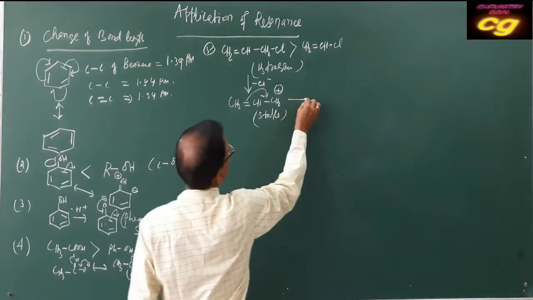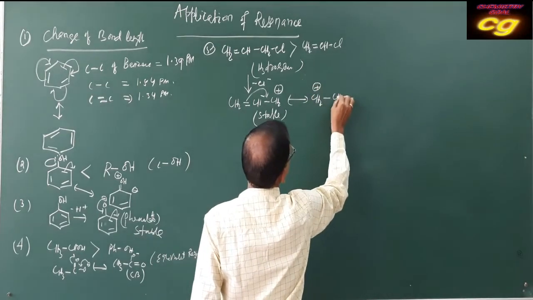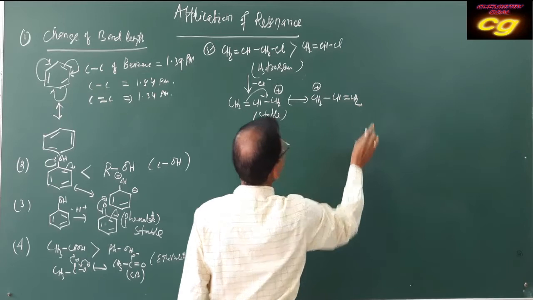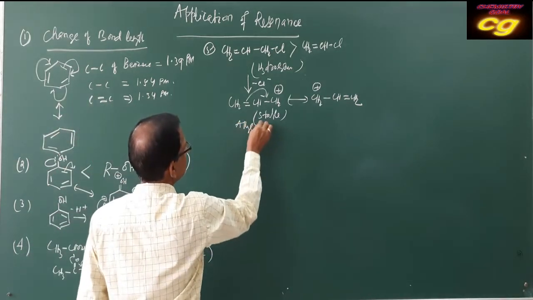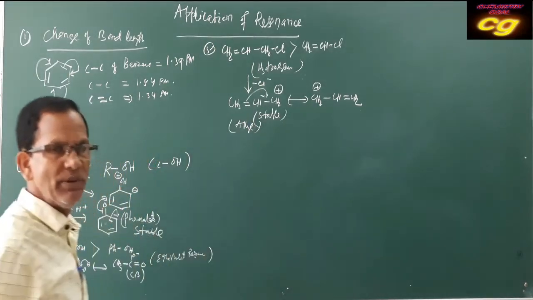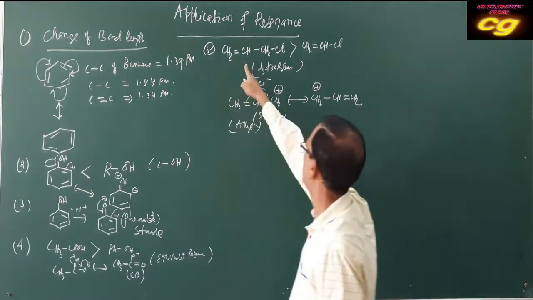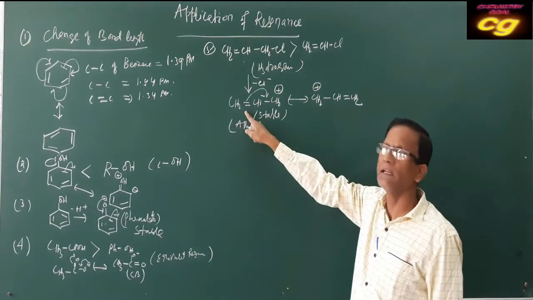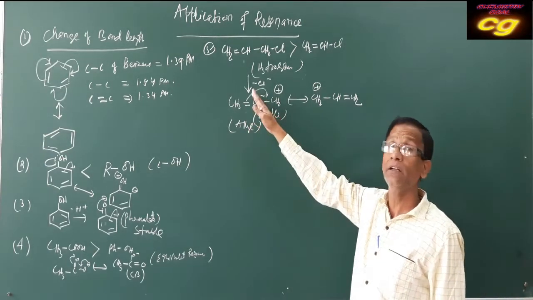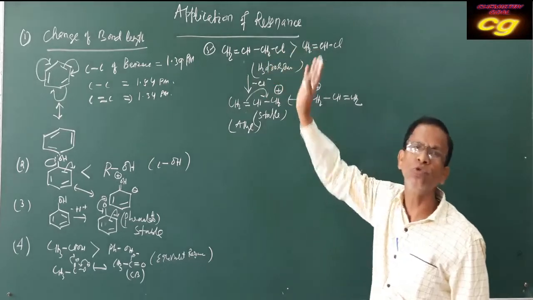This allyl carbocation is stabilized by resonance. That's why allyl chloride easily hydrolyzes: after loss of Cl minus it forms the allyl carbocation, which is more stable. That's why allyl chloride has a tendency to lose Cl minus.